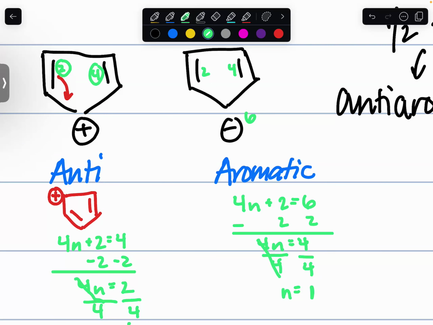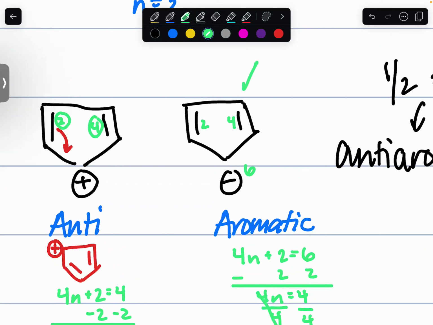So that means that this structure is eligible for electrophilic aromatic substitution. Because it's aromatic, all it would need is an electrophile.